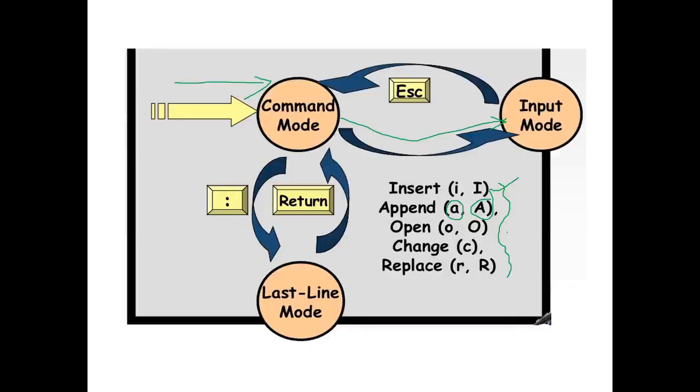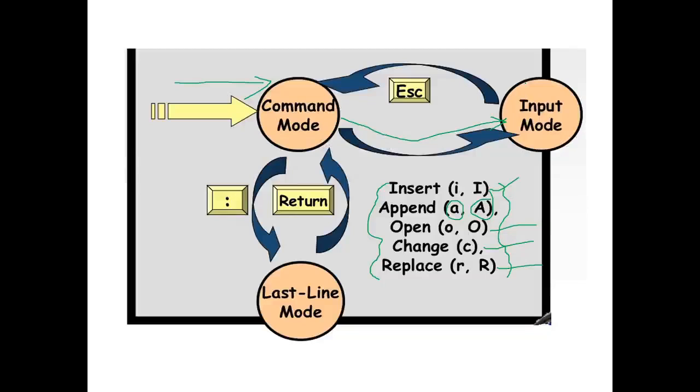Capital A allows you to write at the end of the line, and o, open, allows you to write on a new line, and c, change, lets you delete the earlier contents, and r is replacing any character. So all this you can do only when you are in input mode.